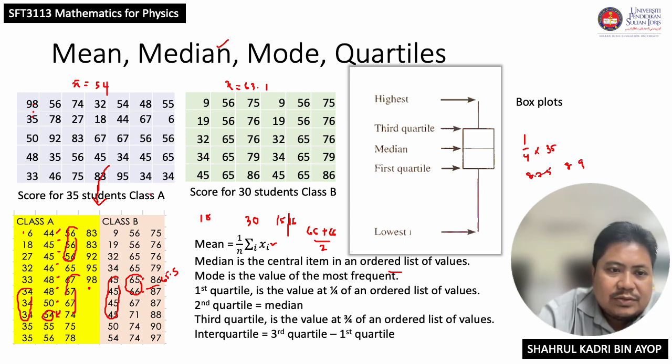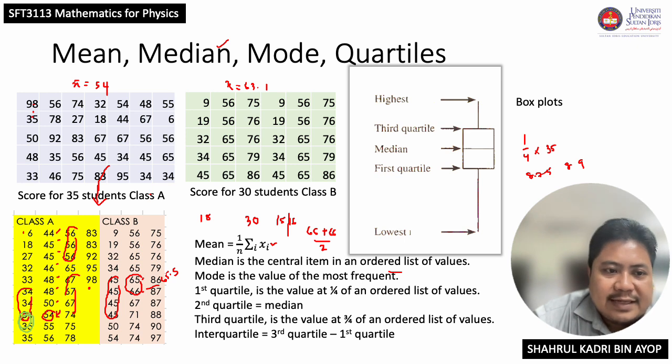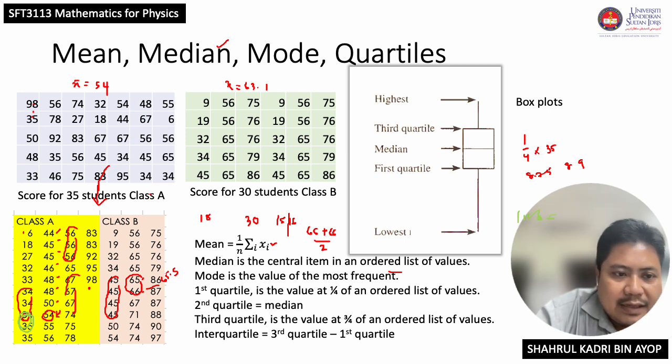So 1, 2, 3, so 8 to 9. Here I use a different color. So here it is between these two values. So we just take 34 plus 35, right? So the first quartile is 34.5.